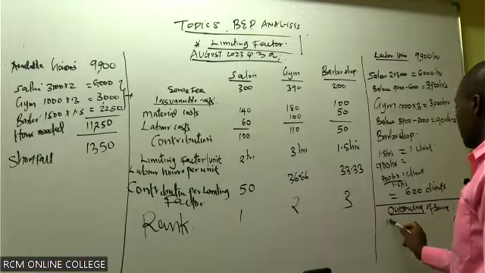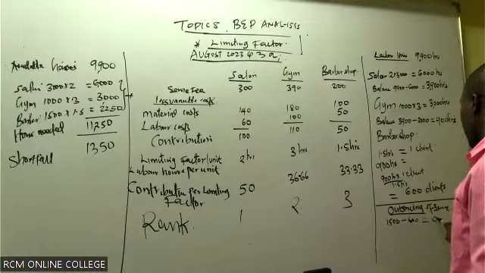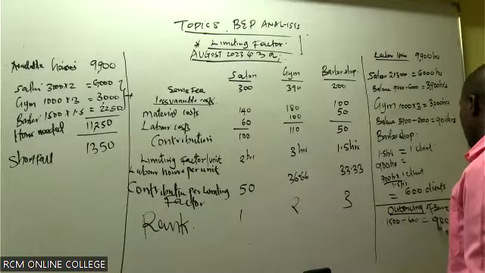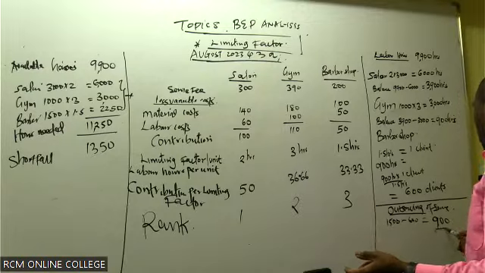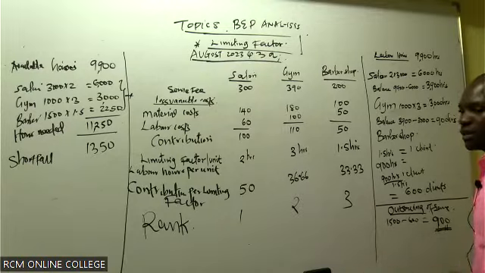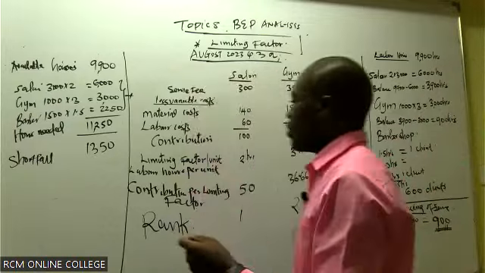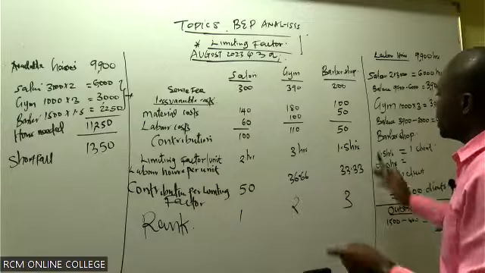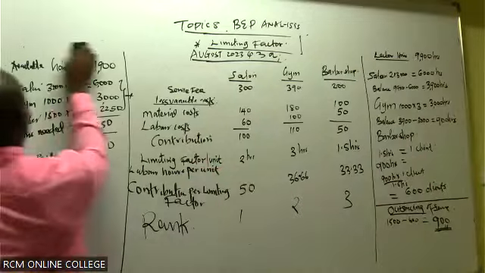We only need to serve 1,500, but we are able to serve 600. So the 900 that are remaining, we are going to outsource this service from somewhere. So that is what we have if we are dealing with service. If you are dealing with goods, this is what you are going to do.